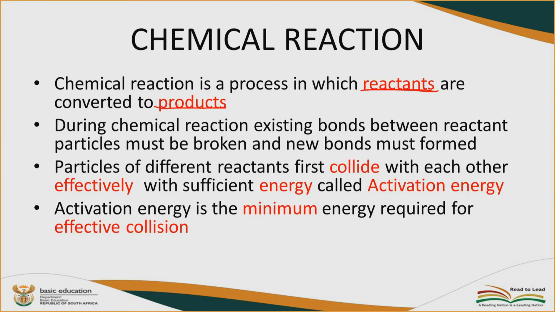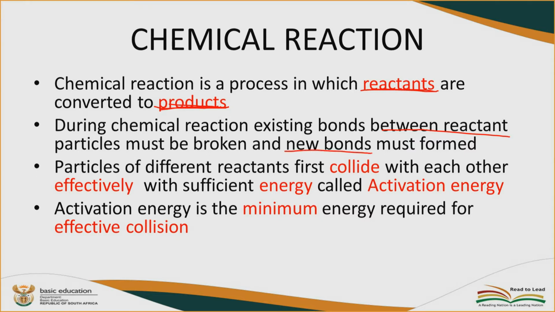And this product that is formed will have its own chemical and physical properties. What happens during a chemical reaction? During a chemical reaction, the existing bonds between the reactants are broken down and new bonds are formed.